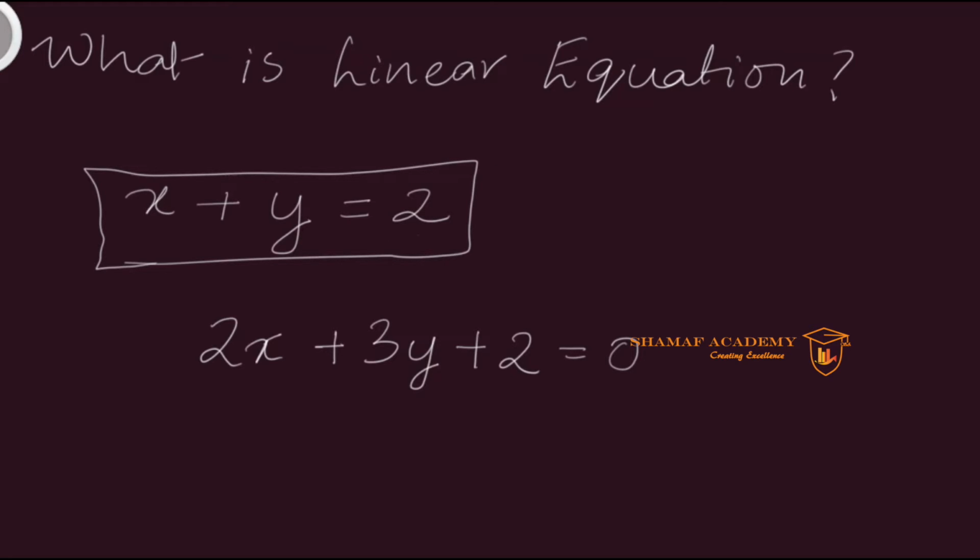I am soon going to make a video on general terms in algebra. If you do not understand any of the terms that I'm using here, please refer to that video. So this 2 here is called a constant. It is on the other side, but here it's with the other variables.